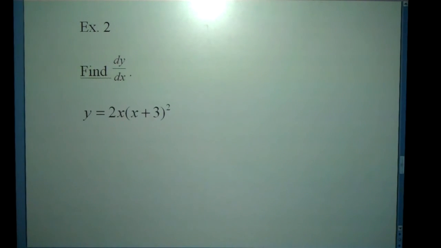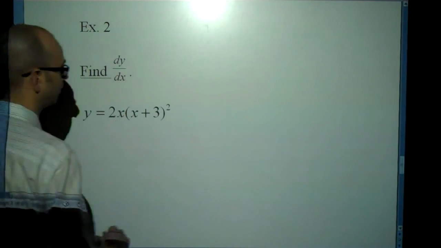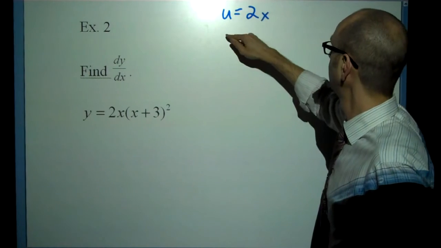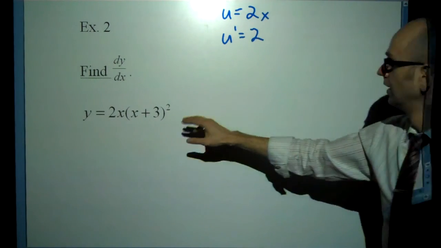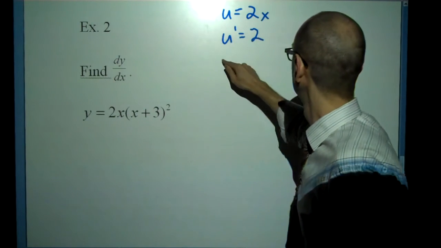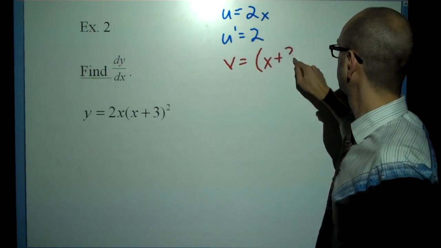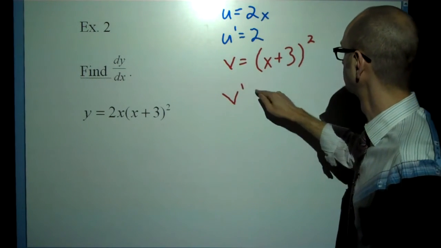All right, let's take a look at this one. We've got a u part and we've got a v part. U is equal to 2x, and the derivative of u is just going to be 2. Our v part is equal to x plus 3 quantity squared. It's technically the chain rule that we're doing here.